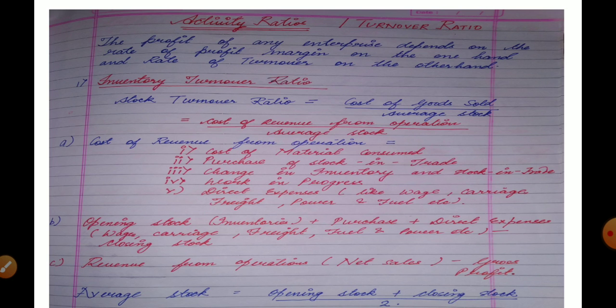A lower inventory turnover ratio indicates the inventory does not sell quickly and remains lying in the godown for quite a long time, which is not good for the organization.